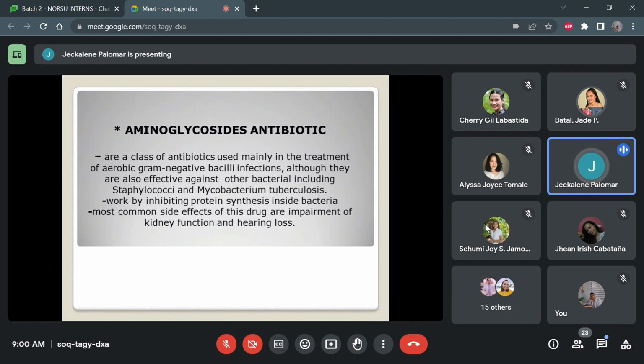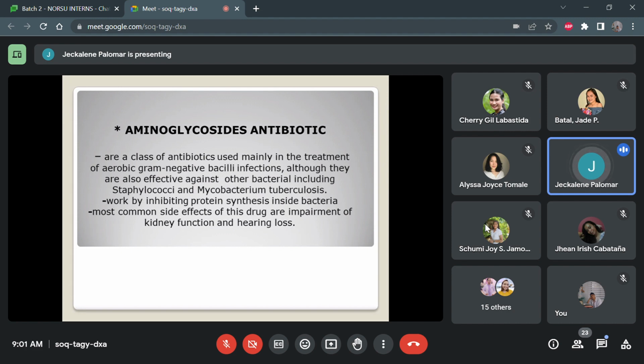This is a class of antibiotics used mainly in the treatment of aerobic gram-negative bacilli infections, although they are also effective against other bacteria, including Staphylococci and Mycobacterium tuberculosis.